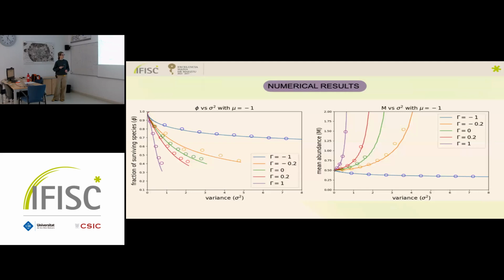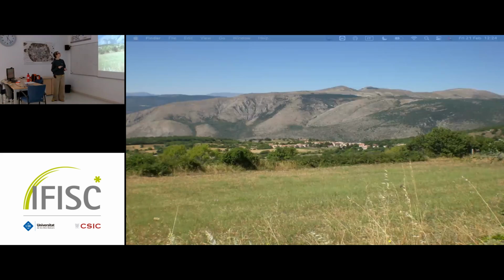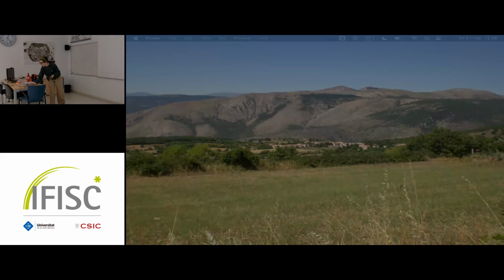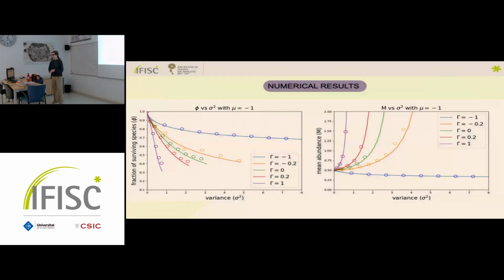What we can see from this plot is that the fraction of surviving species as a function of the strength of the interaction is bigger for a competitive system, whereas it decreases for cooperative ones.